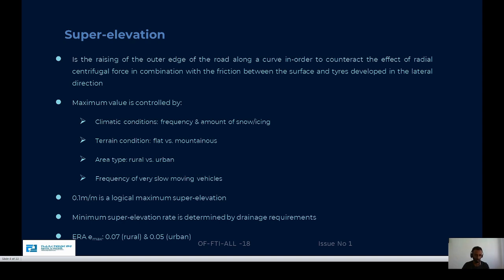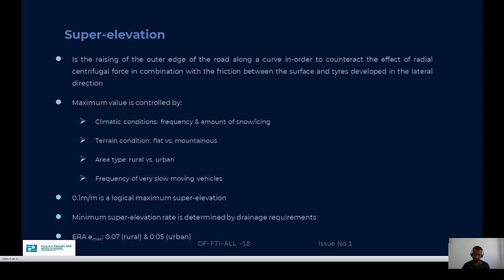The area type is also very important for the maximum value, mostly when comparing a rural area with an urban area. Rural areas provide higher super elevation because speed is higher. When speed increases, the centrifugal force also increases, so more super elevation is provided to raise the outer edge. The frequency of very slow moving vehicles is also related, and the minimum value is related to the drainage requirements.